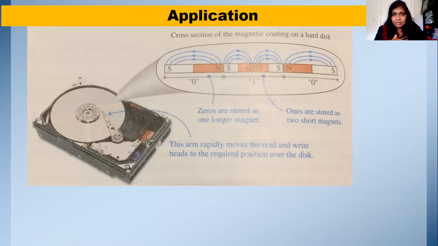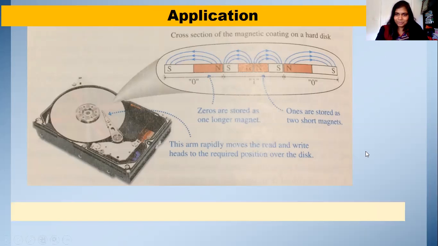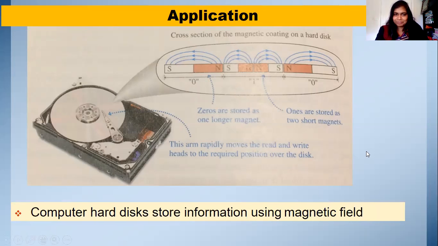You may have noticed that the arm of the CD reader moves rapidly, right? And it keeps moving, so it creates a change in the field. When there's a change in the field, it will induce a current and you can read it, and then the machine will convert that electric current into a sound wave, so you can hear the music or whatever is recorded in there.